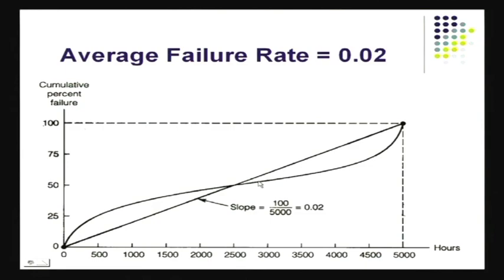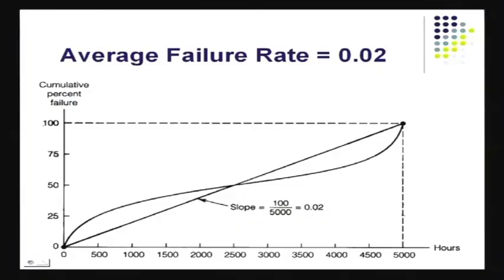As far as average failure rate is concerned, you span the full spectrum, the full life cycle of the product, starting at, in this case, 0 hours, going all the way to 5,000 hours when everything completely failed. And that slope will give you the overall average failure rate. Mind you, the failure rate in a true situation would be higher in the beginning and also higher toward the end.